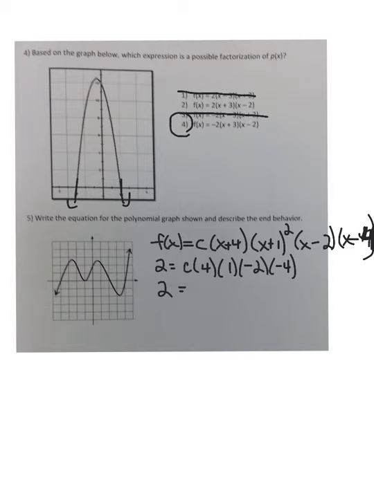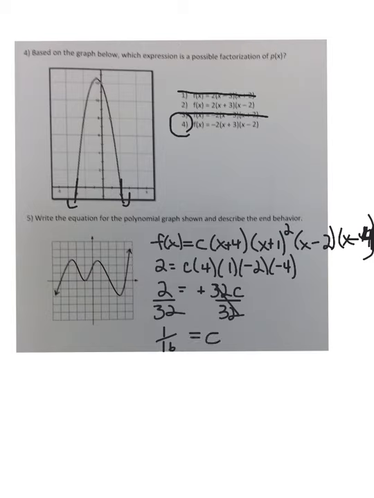Well, let's see. We've got negative 16 times 2, 32. Oh, no, positive, right? Because we have a negative here times a negative here. And that is a 32. Right? So that's positive 32c. Divide out your 32. And that should be 1 over 16, right? 1 over 16 is your c.